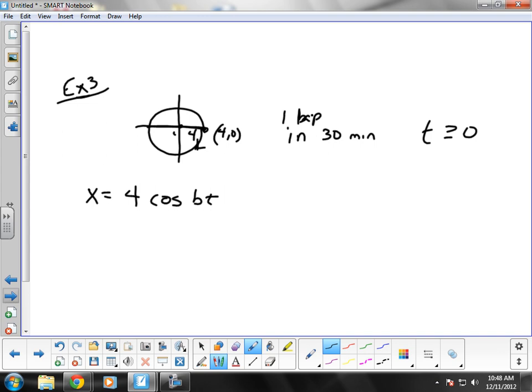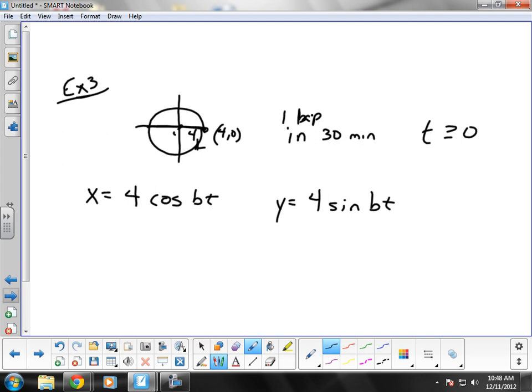Because my origin is 0, 0, so I'm not adding anything to it. Remember, that's my origin there, and this is my radius. Okay? And y is 4 times the sine of bt. Good.